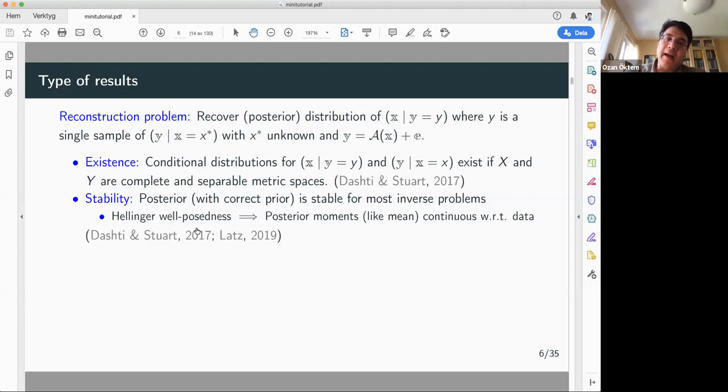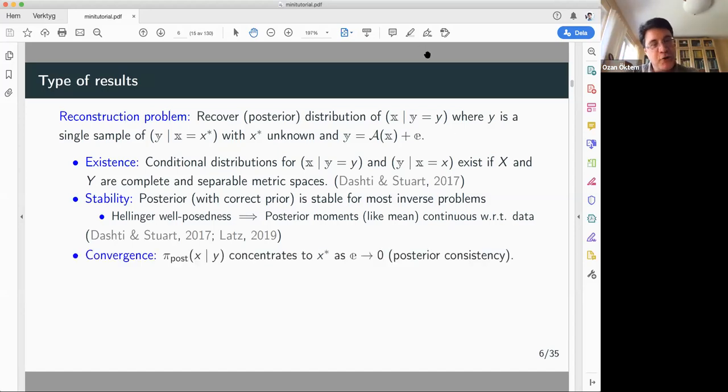But assuming that you pick the right prior, that's an assumption, the posterior actually is stable in most cases. And in fact, continuity refers here to Hellinger well-posedness, which means also that the posterior moments are continuous with respect to data. So if you would try to compute the conditional mean solution, the average image, for example, in tomography, conditioned on your actual measurement, and you happen to have access to the correct prior, then you'll definitely be computing a stable estimator.